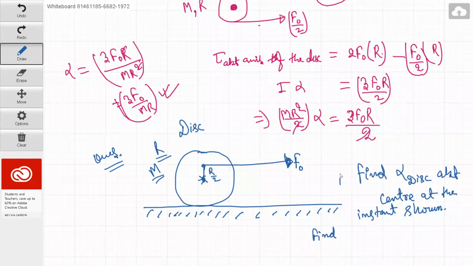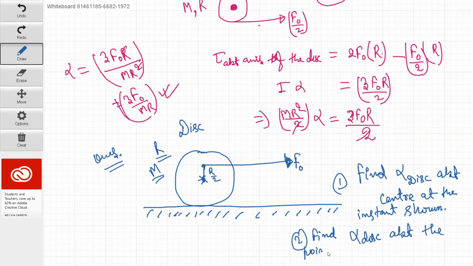Next one, find alpha of the disk about the point which is in contact with the ground. Is this okay? Do it fast.